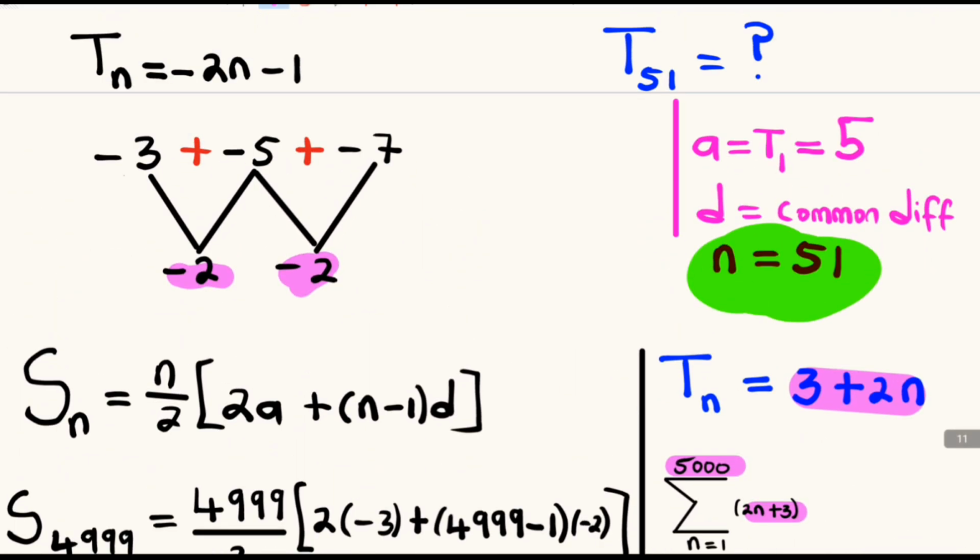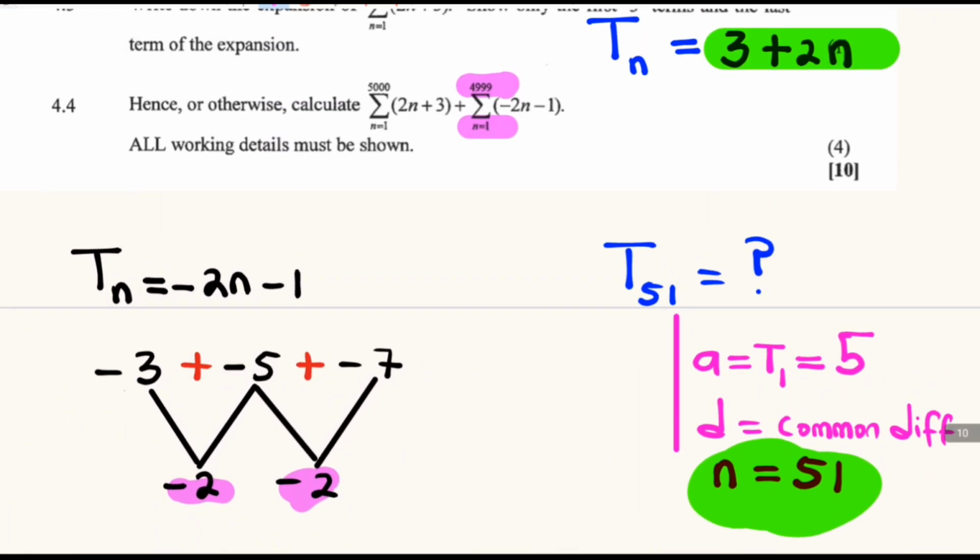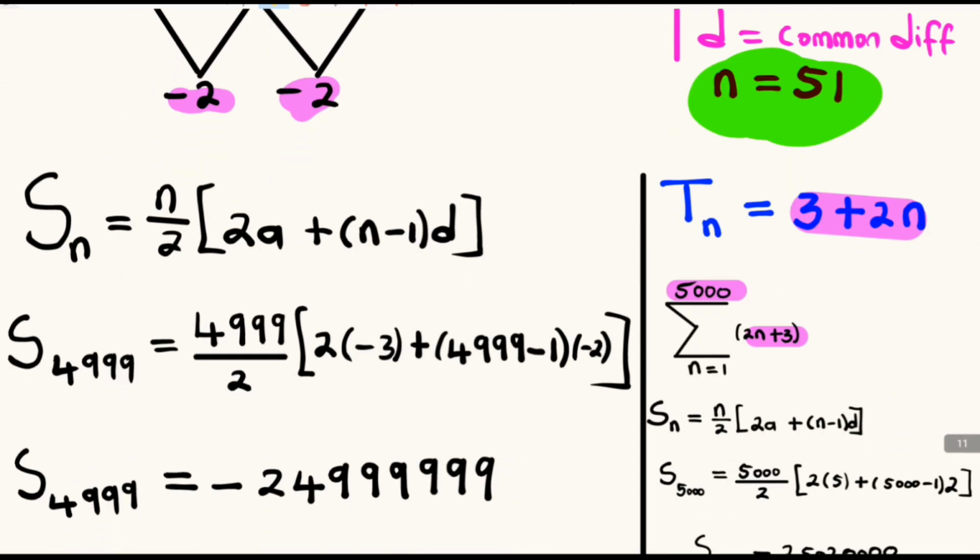Finally, we add the two sums. So we have a positive sign in the middle. So we are going to add the two sums. We are going to add the first sum that we determined to the second sum that we just determined.